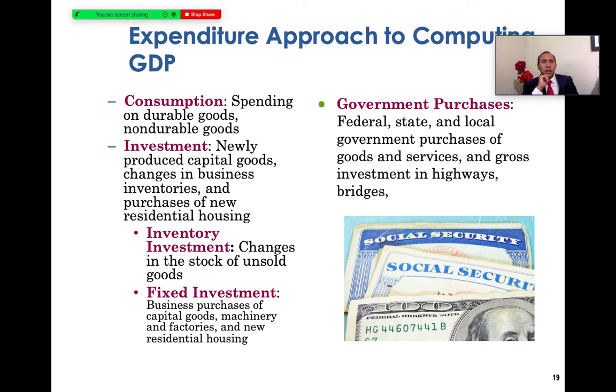They develop a lot of community highways, bridges, infrastructure, public stuff, and so on. And they also provide transfer payments to the public. But keep in mind that transfer payments are not part of GDP, only the actual purchases and the actual production of goods that they generate.